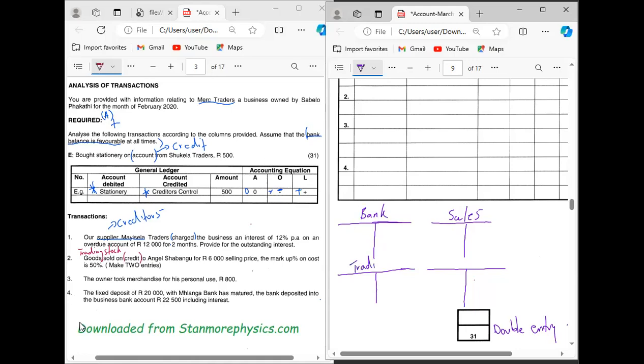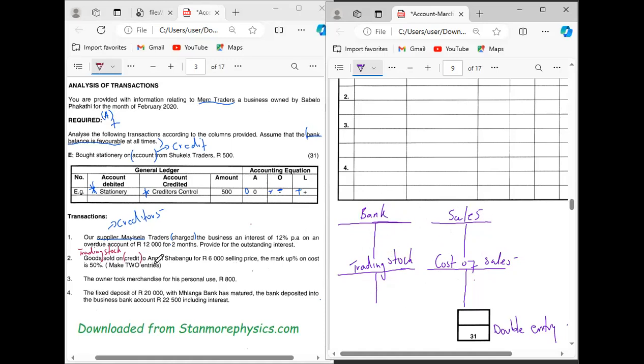But this trading stock is sold using its cost of sales. So basically that's why we need 4 accounts. So we are going to have bank and sales because we sold for cash, and then you start classifying your accounts.